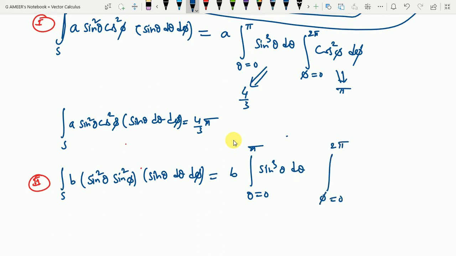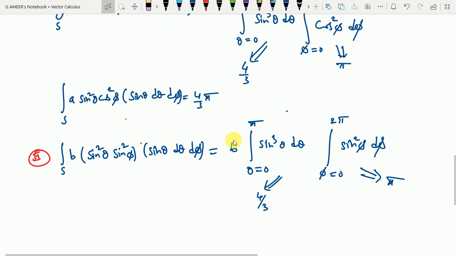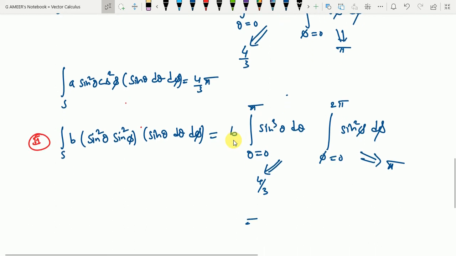Now instead of cos square there is a sin square term, so the answers remain the same. This answer is as usual pi, and this answer is 4 by 3. So when I club this, the answer is whatever I have here. Sorry, here I forgot a. So here also 4 pi by 3 will come along with b. Then let us go for the last integration, that is the third one.